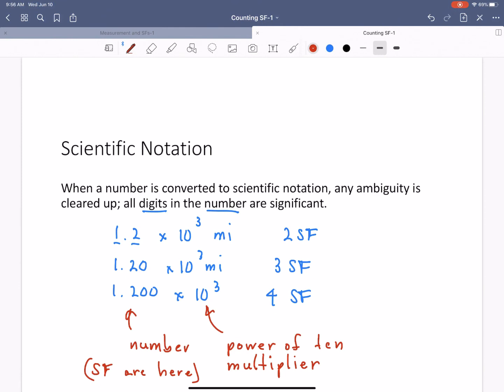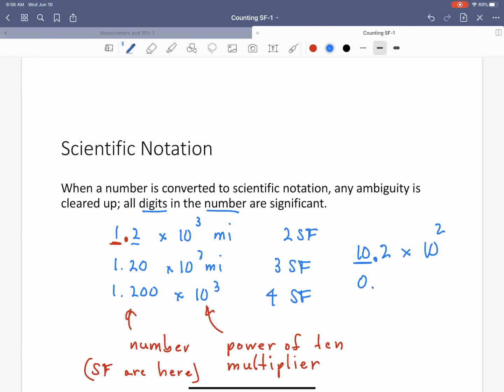So scientific notation always has, to the left of the decimal, a digit between 1 and 9, and then maybe something past the decimal. Let me give you an example of what I mean there. This number is not in scientific notation because to the left of the decimal, I have 2 digits.